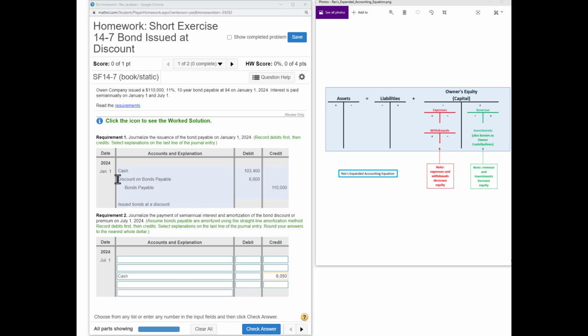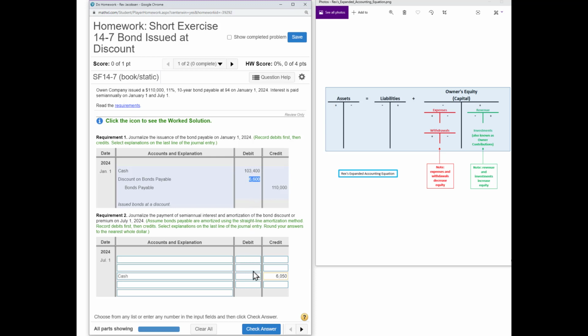So notice we've got this discount on bonds payable account with a balance of $6,600. So we have to slowly get rid of this account over the life of the bond. So over these 10 years, we have to slowly lower this account. And lowering or reducing is just called amortization. So we're going to take this amount, $6,600, and split it up over 10 years.